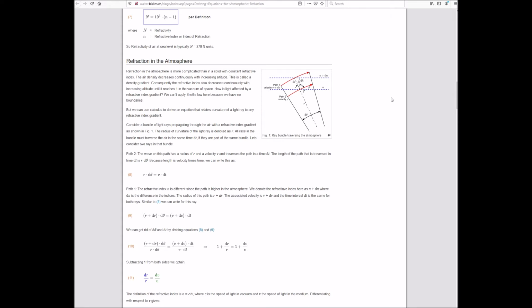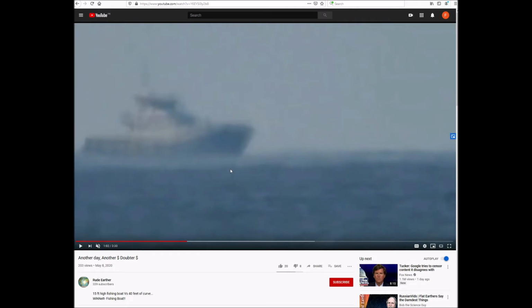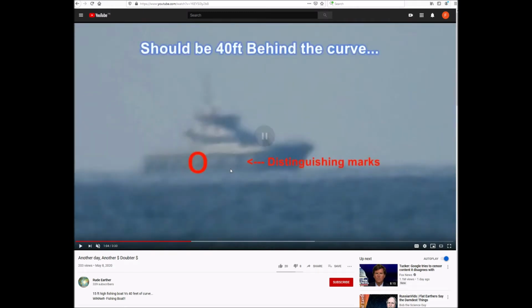Reviewing the observations themselves first, the boat. To clarify, the boat should not be 40 feet behind the curve. That value is based on 0 refraction and cannot be realistically applied to the vast majority of these types of observations.